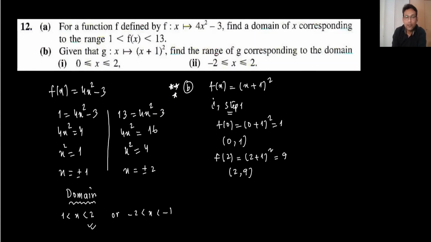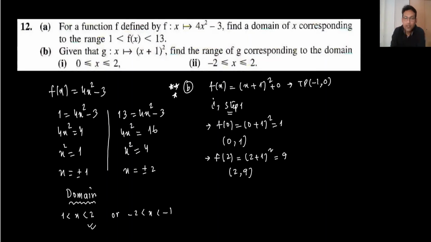And what we need, I told you, we need the turning point. The turning point of this question is minus 1 comma 0. Okay, the turning point we have got it.